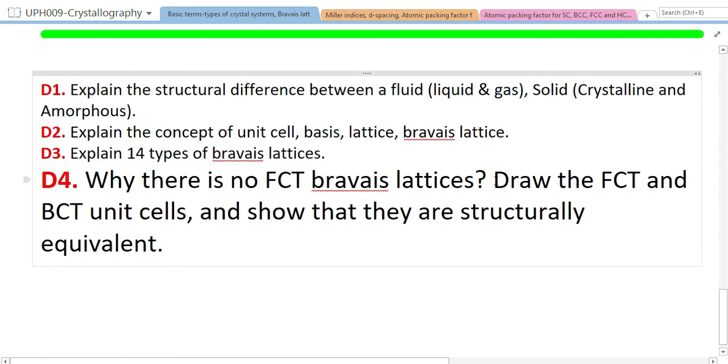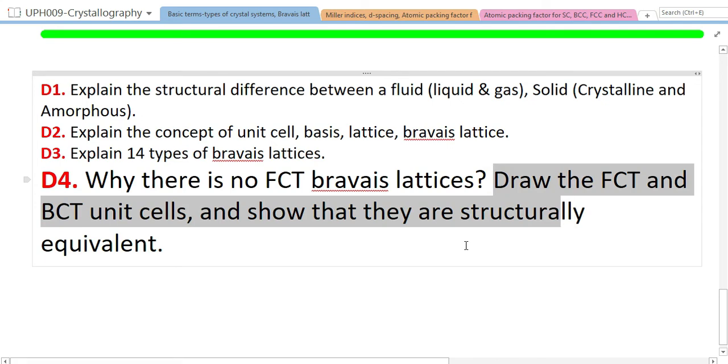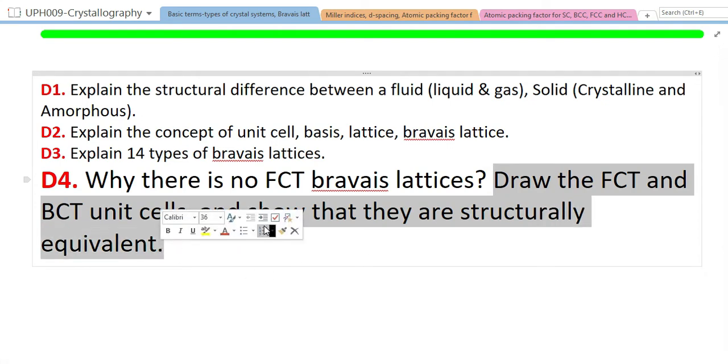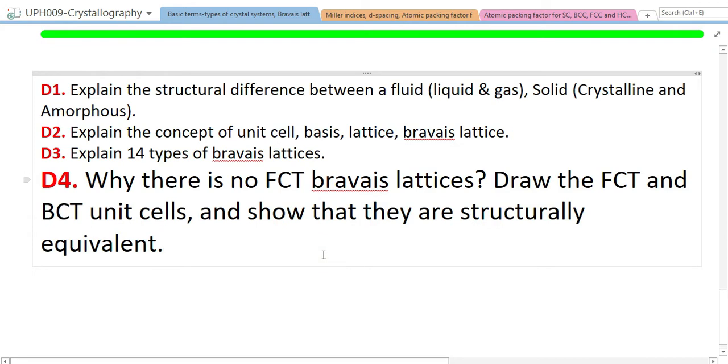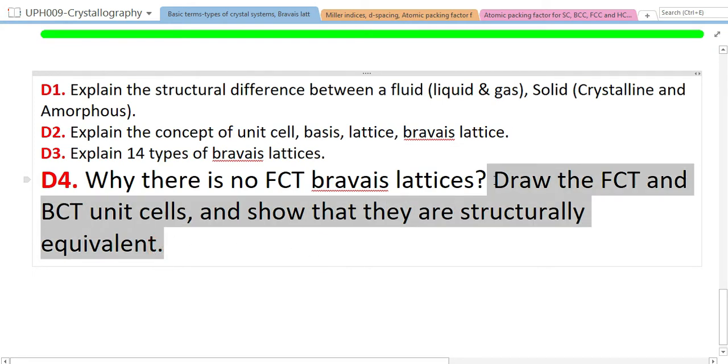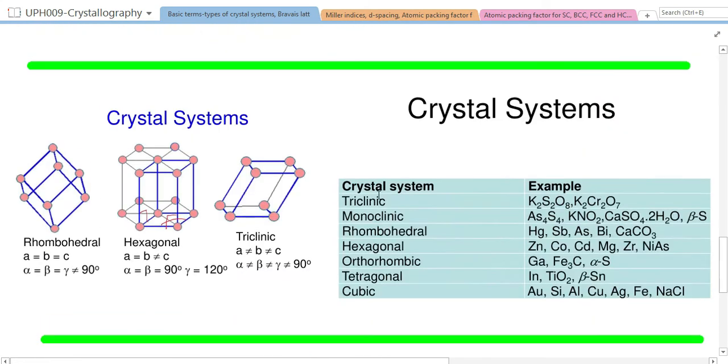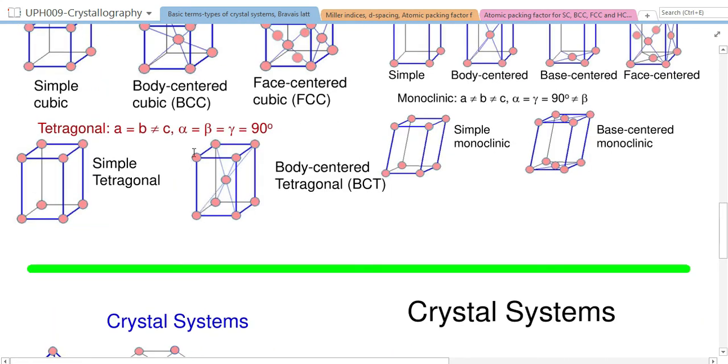If you draw this FCT Bravais lattice, then you will see that the FCT Bravais lattice turns out to be a BCT Bravais lattice. Again, what is the FCT Bravais lattice? FCT means face-centered tetragonal. So this is your BCT Bravais lattice.